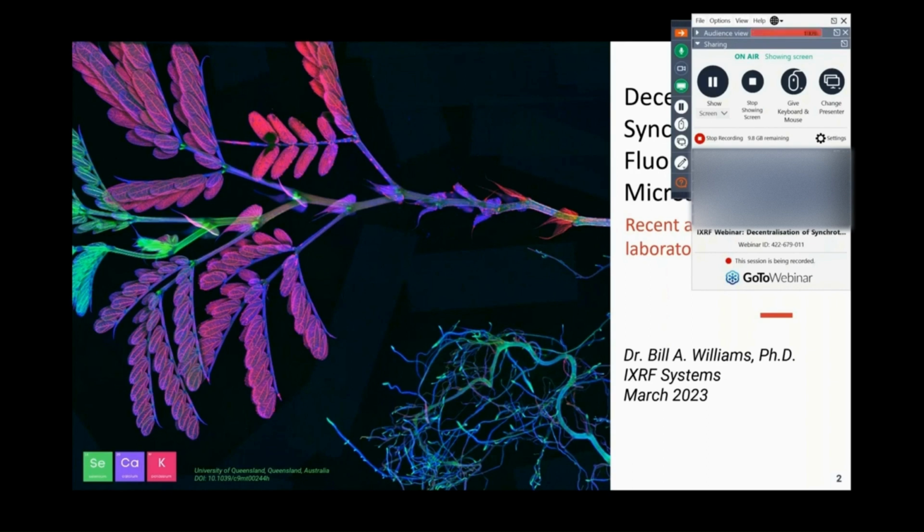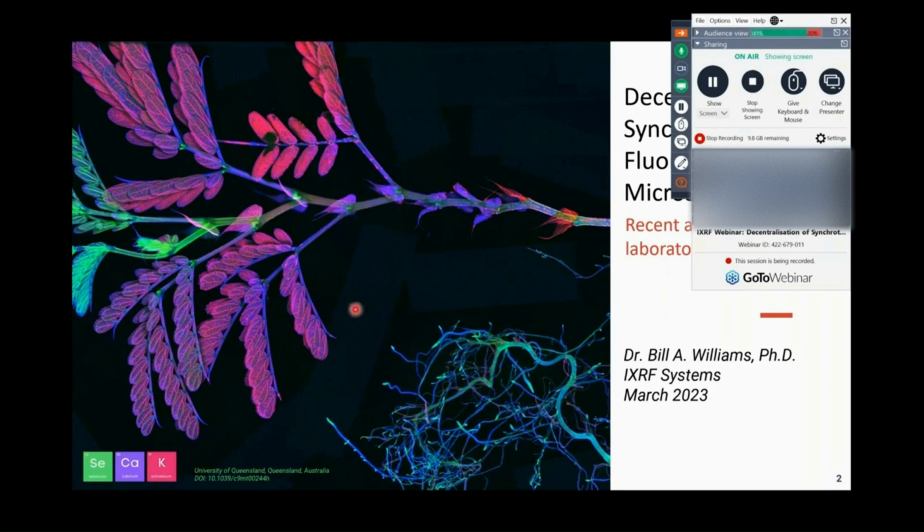This is from a group at Queensland University in Australia studying, amongst many other things, plants that hyperaccumulate selective elements. And we see here the ability to spatially define regions of elemental accumulation throughout a plant and root body that provides insight on selective uptake pathways within different plants and soil types.